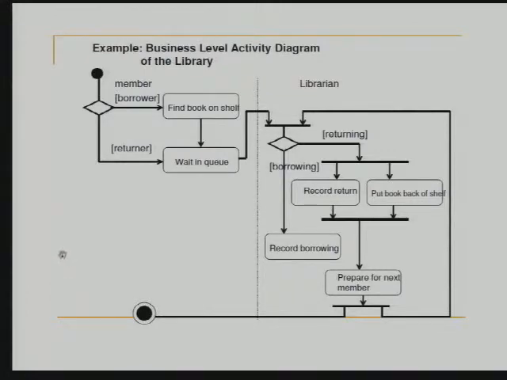I've got a start indicator that starts this activity diagram. I make a decision: am I a member, am I a borrower or a returner? If I'm borrowing, then I'm going to go to the activity Find Book on Shelf. If I'm going to return, I go to Wait in Queue to return that book.